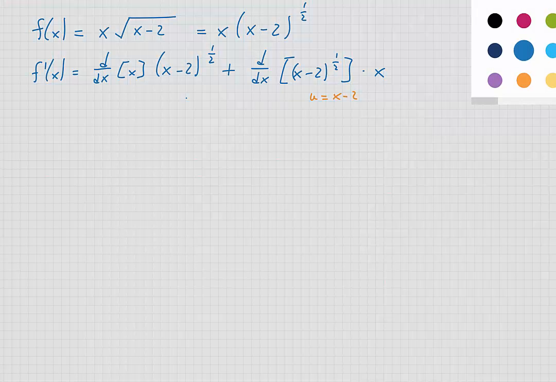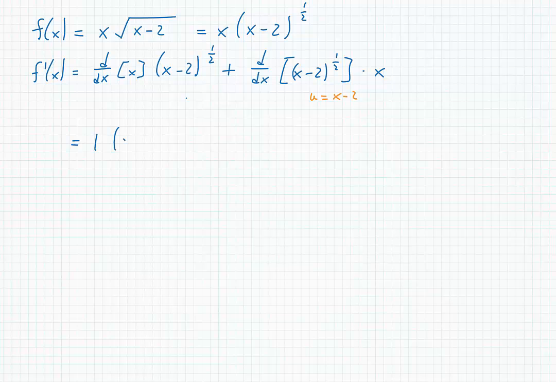So f prime of x in this case is going to be equal to 1 times (x minus 2) to the 1/2 power plus, we're going to have the derivative with respect to u of u to the 1/2 times the derivative with respect to x of x minus 2, all times x still, because we still have this x hanging out here at the end.